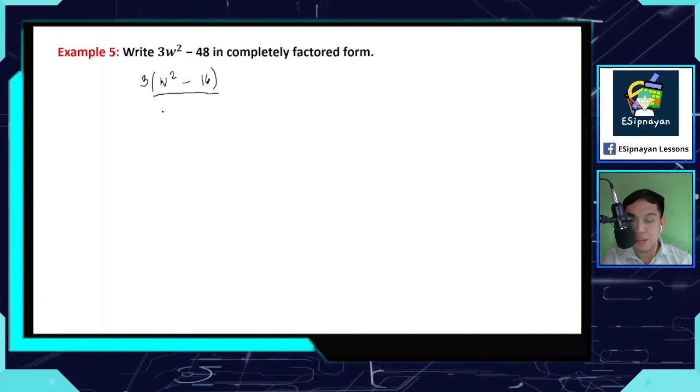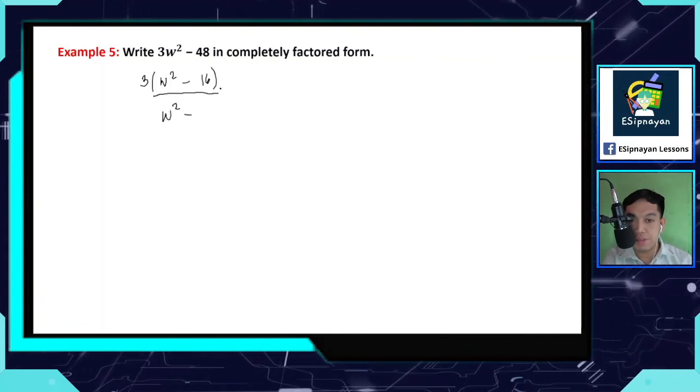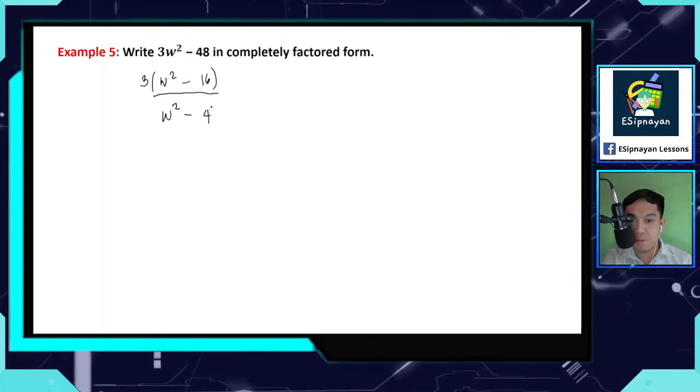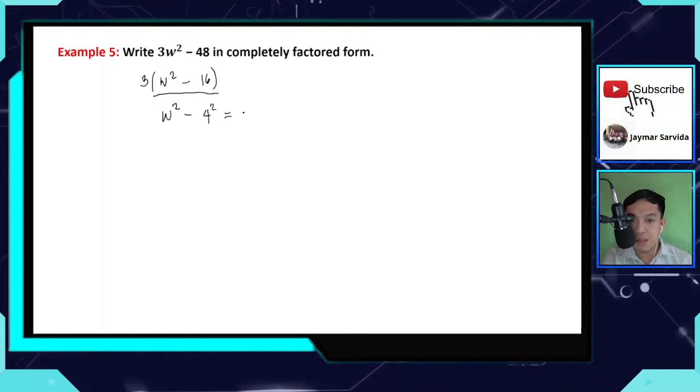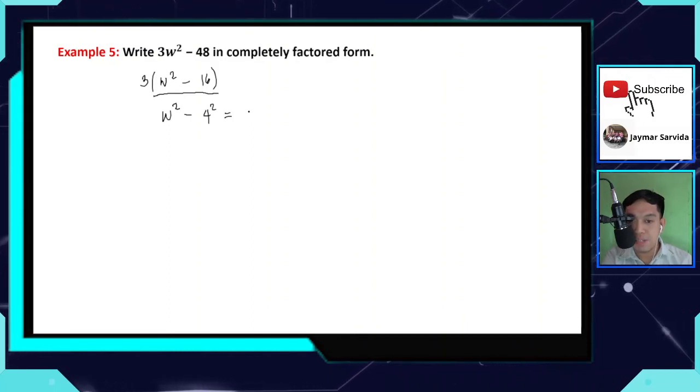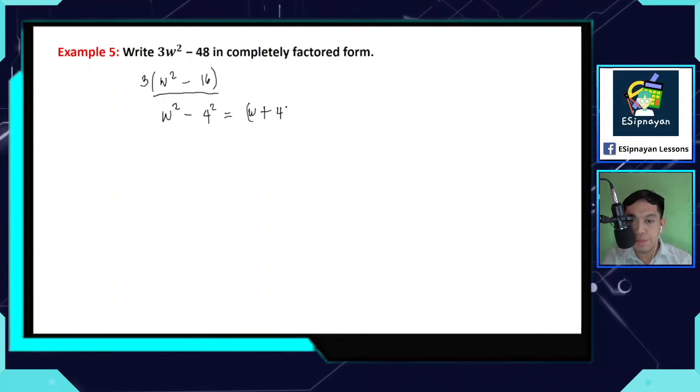Ito ay magiging w squared minus, yung 16 natin is 4 squared. And that is equal to, yung ating pattern dito, which is w plus 4 times the quantity of w minus 4.